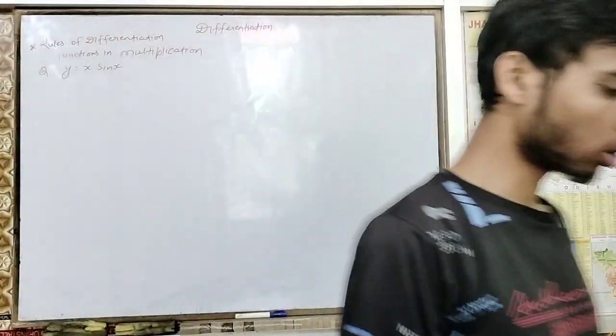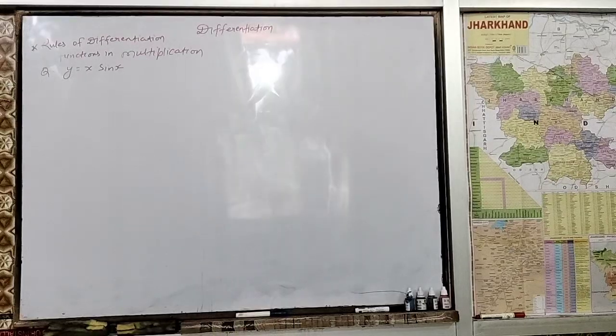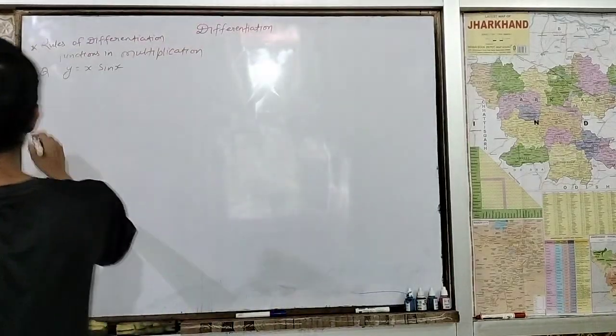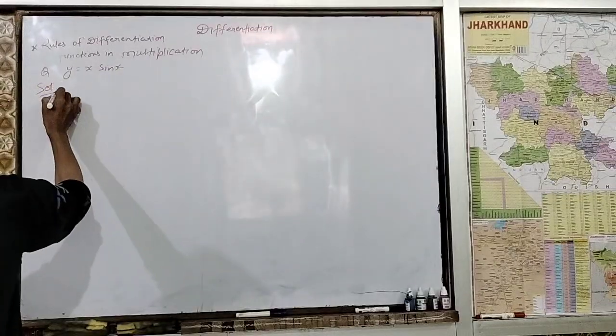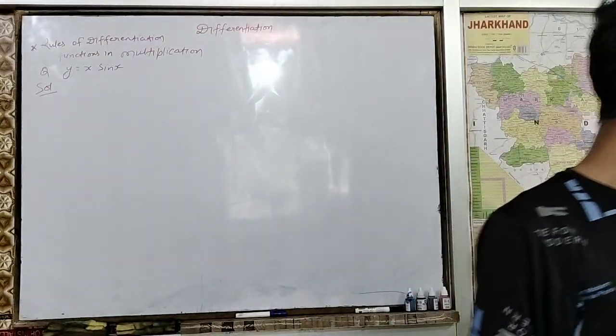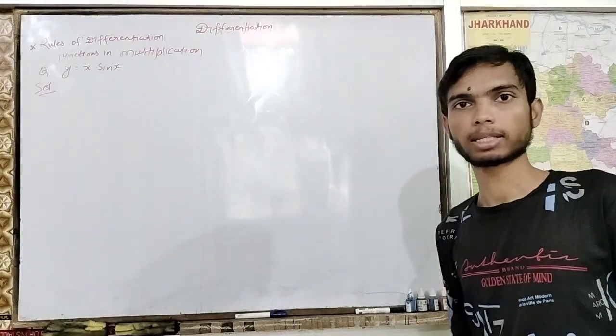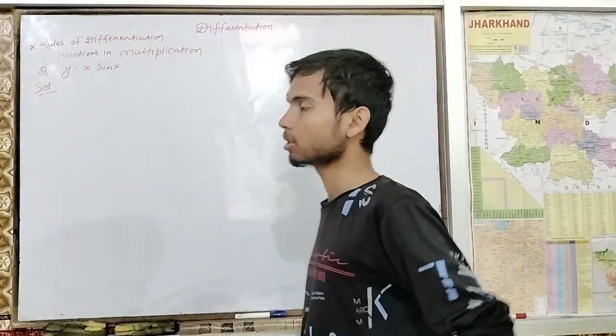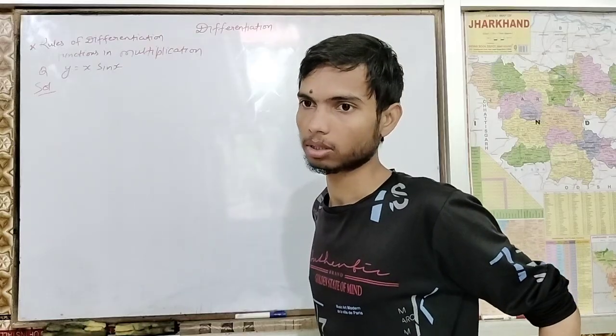Here we have two terms which are in multiplication. In that case, what would you like to do? First is x, then second is sin x. But remember, x is not a number; it is a variable.